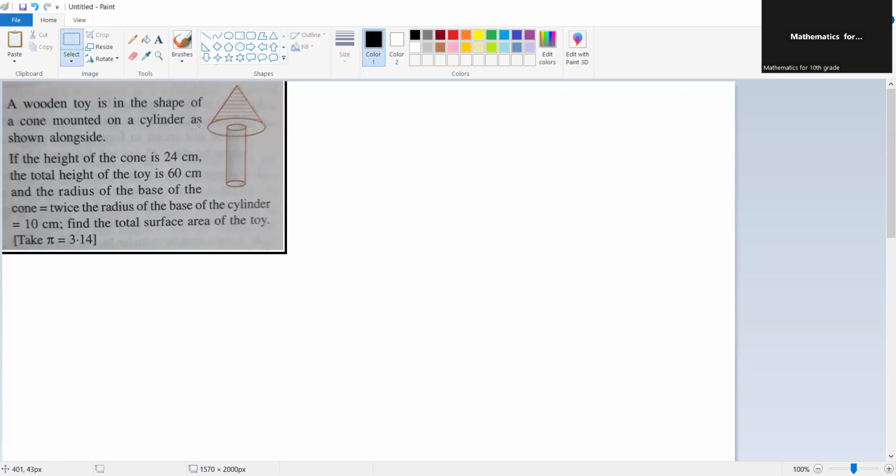Okay, let me copy this picture here. I'll try it if I can expand this.